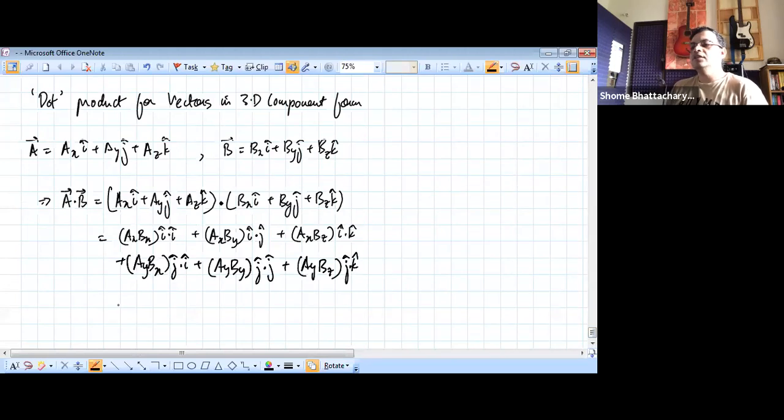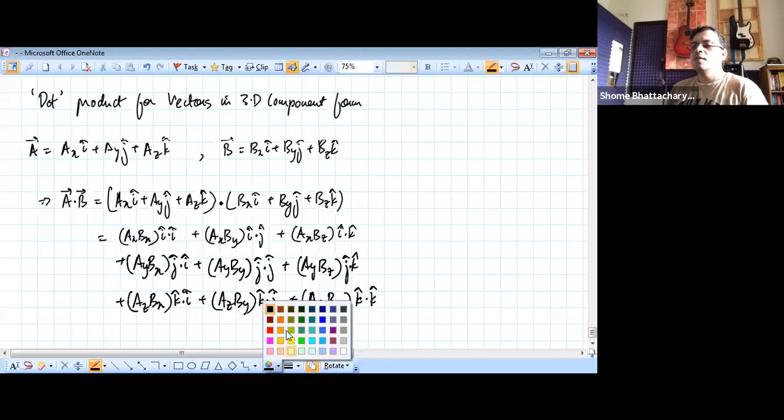And then the final 3 terms, az bx k cap dot i cap plus az by k cap dot product with j cap, and finally the last of the 9 terms az bz. But the thing is, this expression only looks scary.